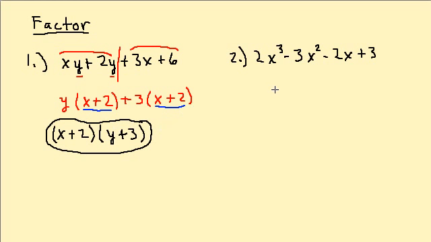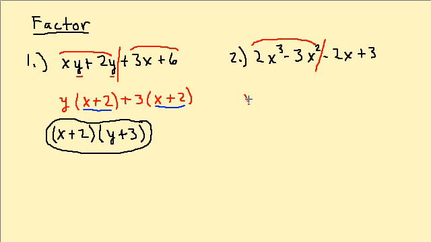Alright, so I have 2x cubed minus 3x squared minus 2x plus 3. I have four terms. So factor by grouping, I'm going to split this down the middle. Okay, and out of the first part, I can factor out an x squared.